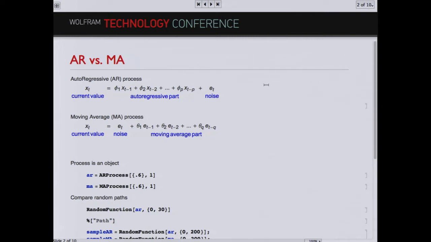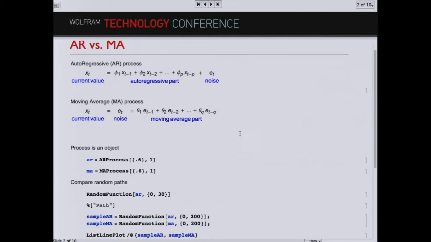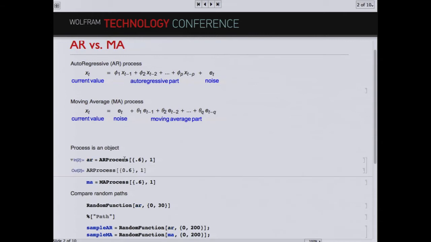And so P for the autoregressive process is the order of the process. It means how far back in time we're going. So P is the order for the AR, and Q in our situation here is the order for the MA process. So these are defined as objects in Mathematica.